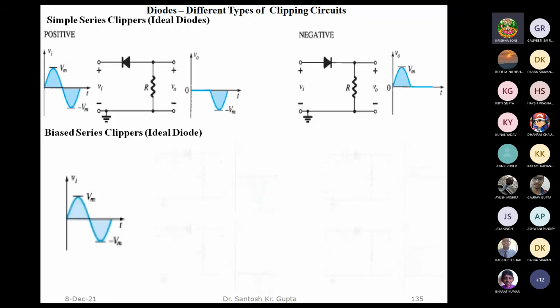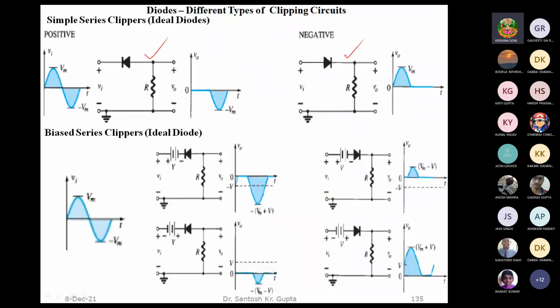The upper one is just the simple one, clipping the positive half or negative half. In the one below, if we add some potential source along with the diode, then we can clip these voltages at some desired level like this.